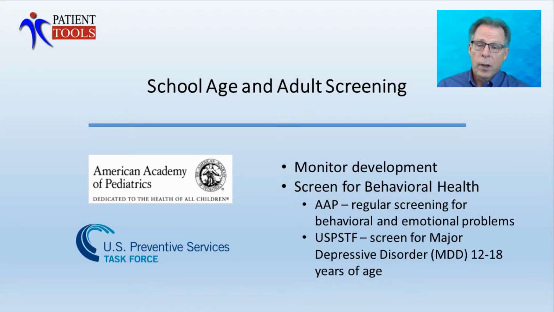And then you've got to realize that once you get up into school age and adult, you've already created a lot of these essentially behavioral and even up to mental health sort of things. You tend to, in adolescence, monitor some of the developmental issues, like a strengths and difficulties sort of thing.